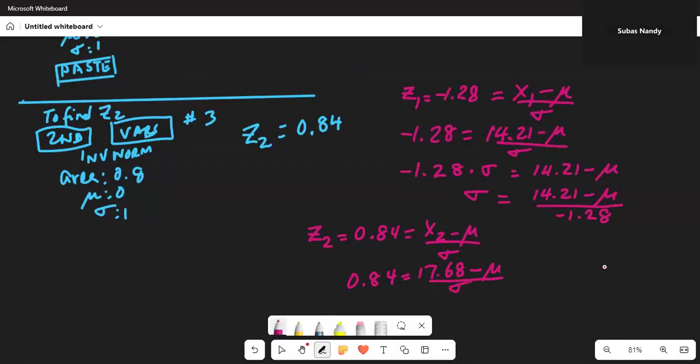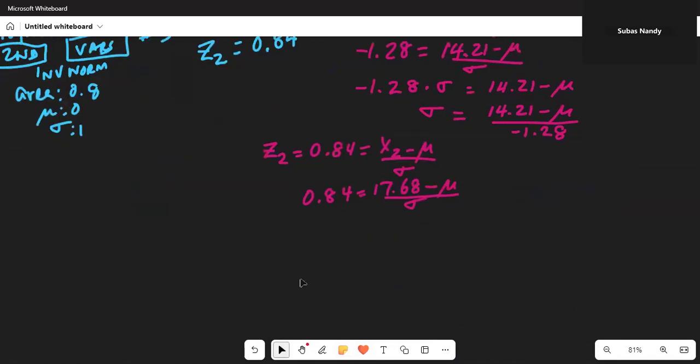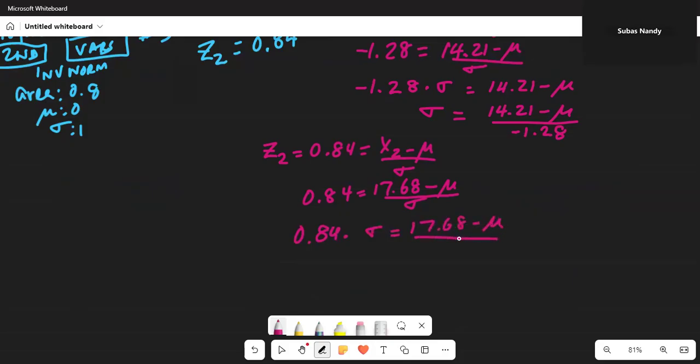If we solve for sigma, similar to before, we multiply by sigma on both sides to get 0.84 times sigma is 17.68 minus mu, or sigma is equal to 17.68 minus mu divided by 0.84.